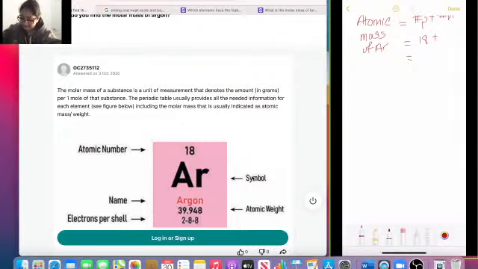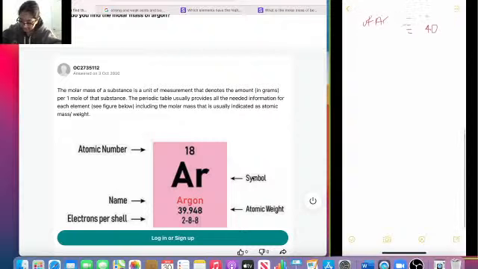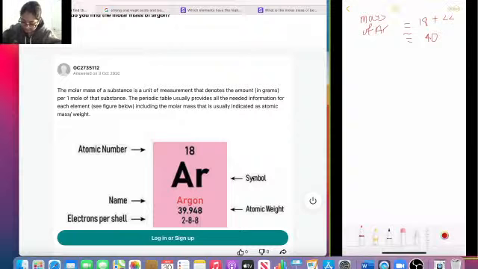So you basically have around 22 neutrons, and you get an atomic mass of approximately 40. The units is AMU, 40 AMU, which means atomic mass unit.